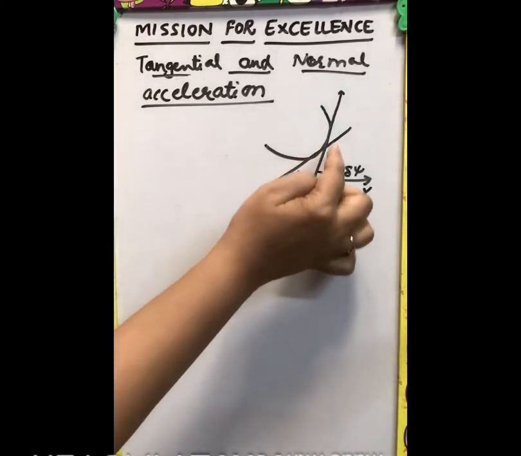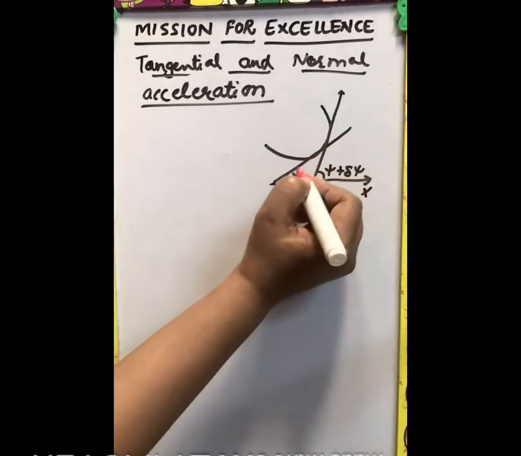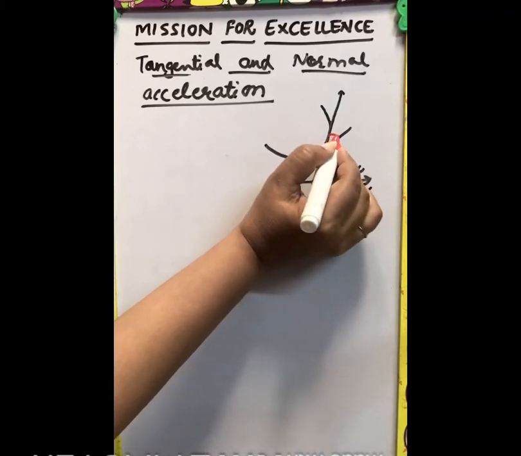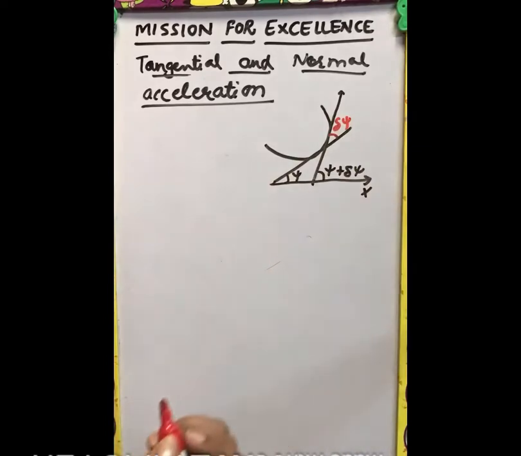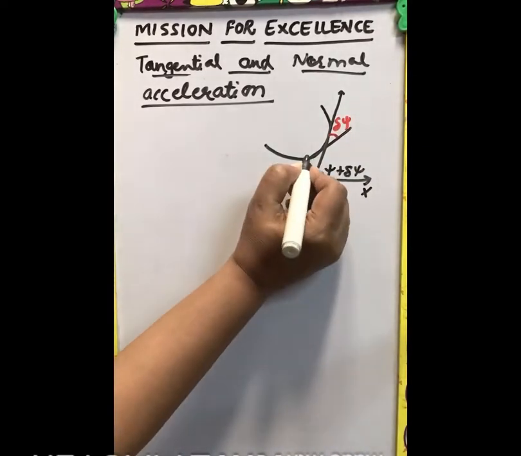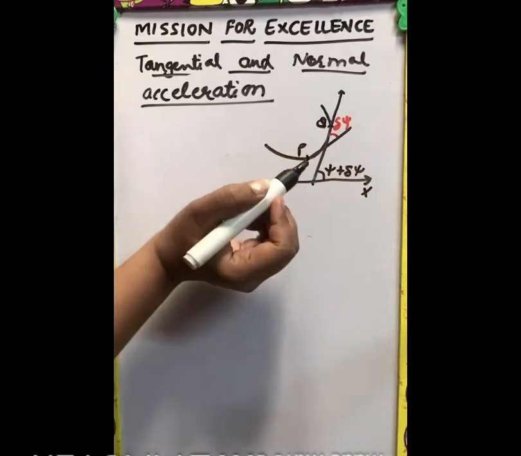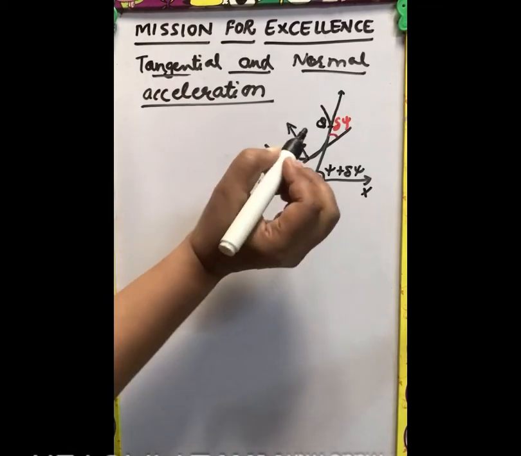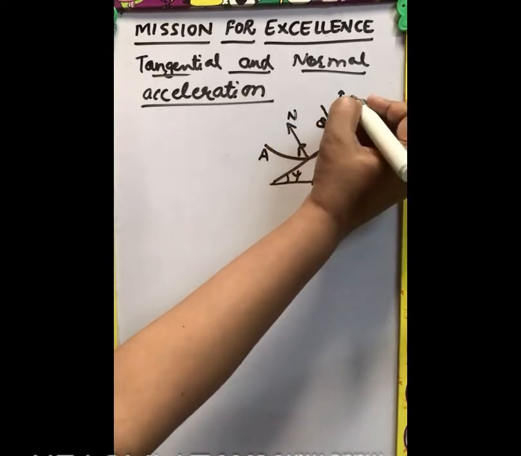As these two are tangents, the change in angle is delta psi. Now this we call point P, this is point Q. Here we take the normal N at P in this direction.